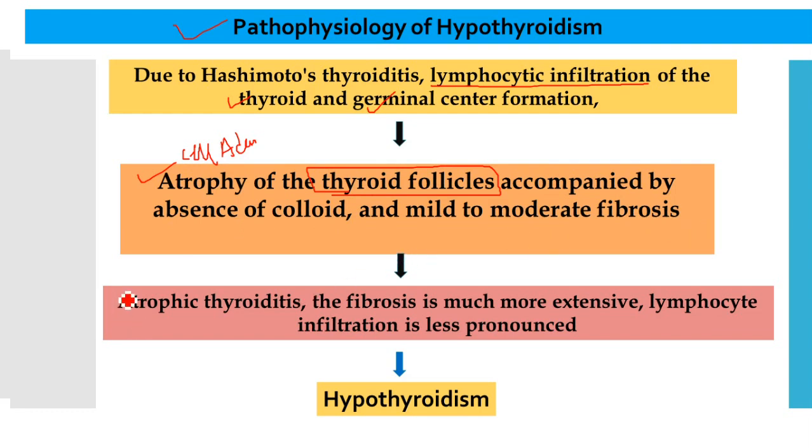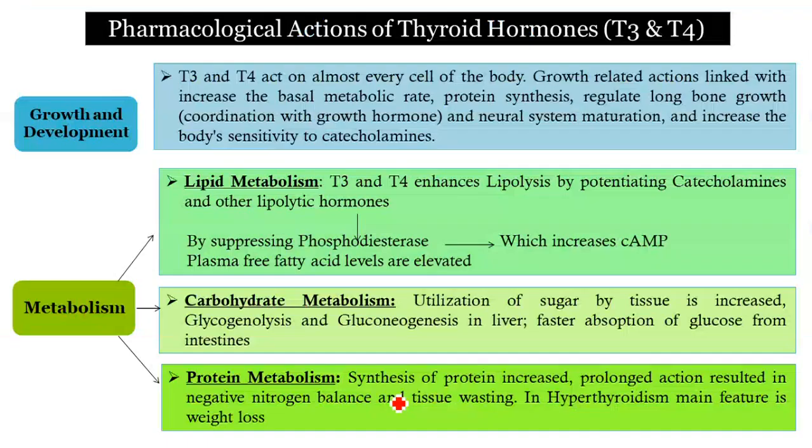As a result there is atrophic thyroiditis, and the fibrosis is much more extensive. Along with that, lymphocyte infiltration is less pronounced, which leads to hypothyroidism. So this is in brief the pathophysiology of hypothyroidism.